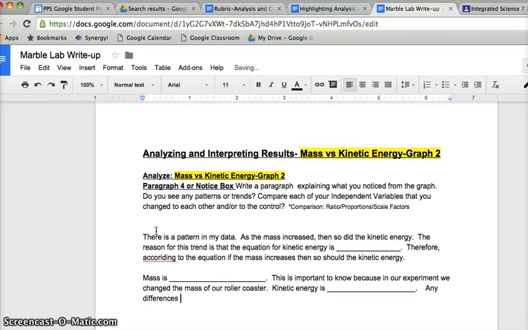differences in our data could be linked to different amounts of friction.